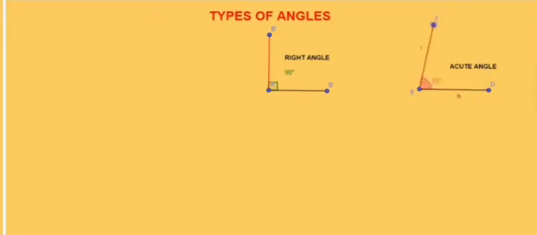Okay. Next, I am drawing another angle by increasing beyond 90 degree. Okay. Now let us take the degree measure, that is 128 degree, that is it is greater than 90.